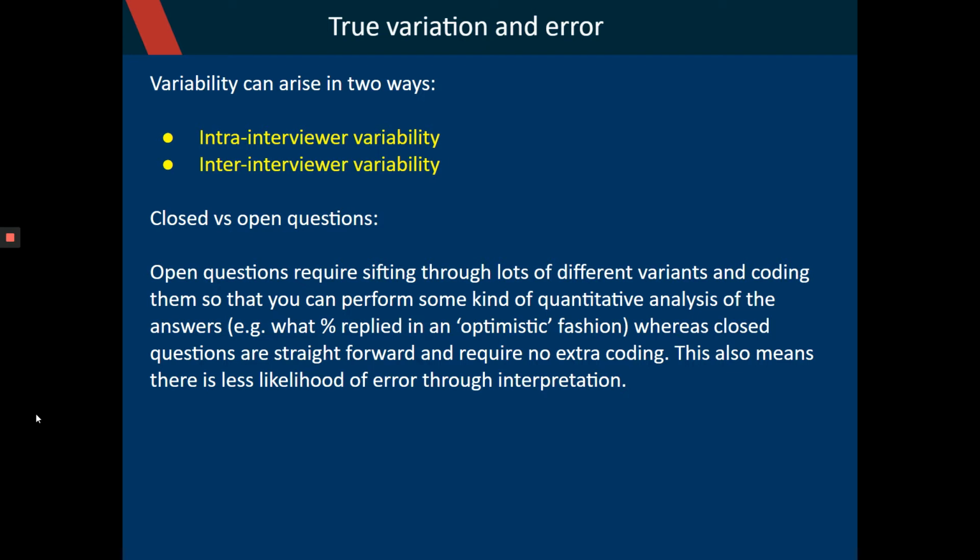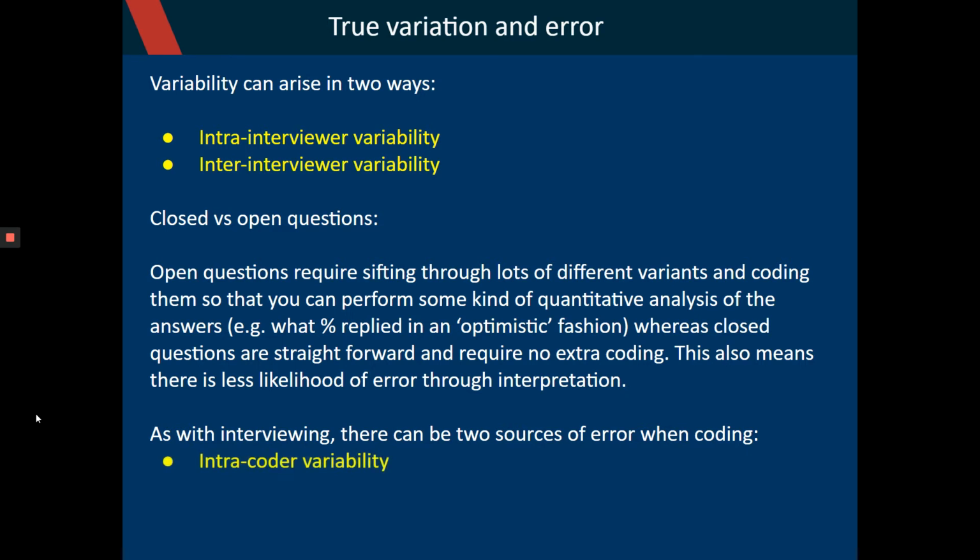Now we're talking about after our interviews are done. We have to look at our transcripts and start coding them so that we can create some data from them. This is another area after the interview where we can increase the error and variability in our data. As with the interviewing process, there are two main sources of coding error: intra-coder variability and inter-coder variability.